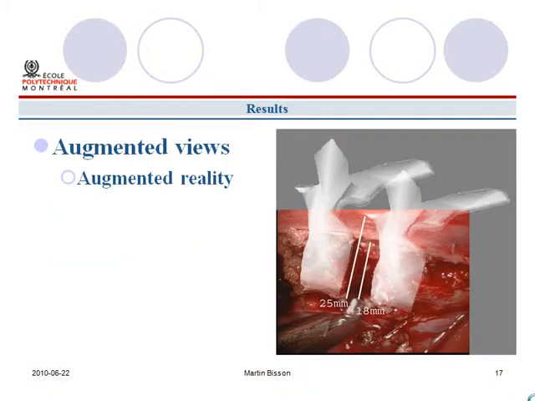As a result, we also have the augmented views that can be created by the merging of the preoperative model and the endoscopic image. We've done two types of views. The augmented reality views are done by taking the reality, which is the endoscopic image, and augmenting it with additional information such as projected virtual models or distance information.